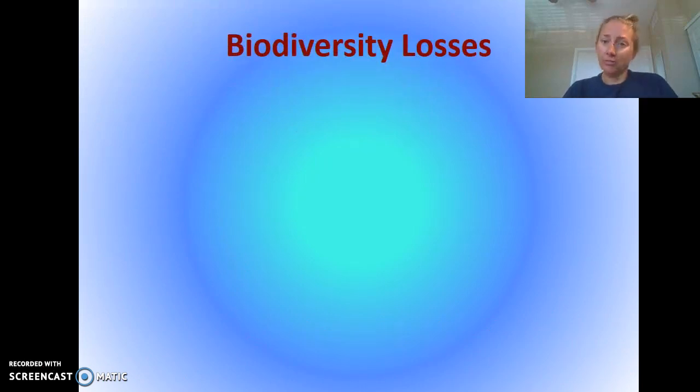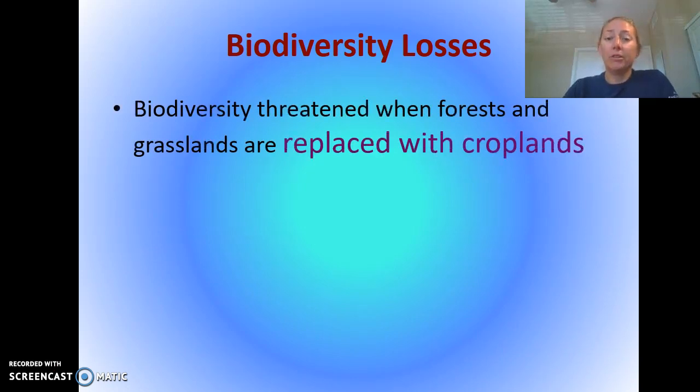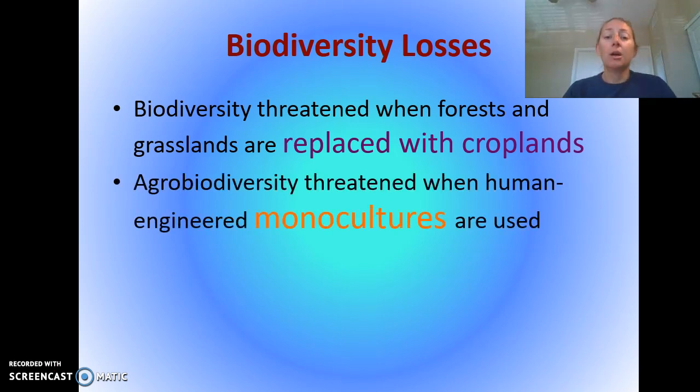Another issue with industrialized agriculture, losses of biodiversity. That's huge. What's happening in a lot of places of the world is that our old growth forests are being chopped or cleared and replaced with these monoculture croplands. So we're not only losing the plants in the grasslands and the forest, but we're losing any animal life that might be there as well.